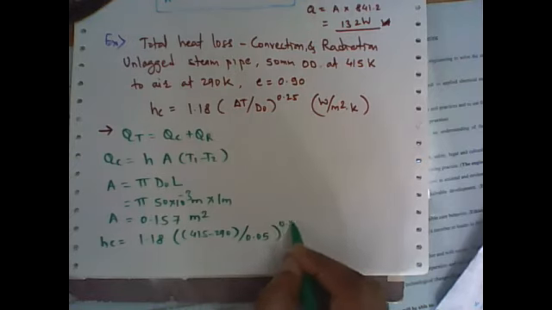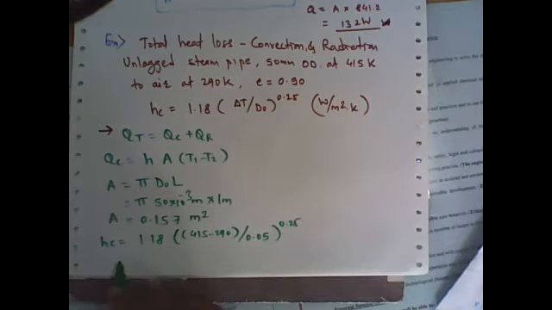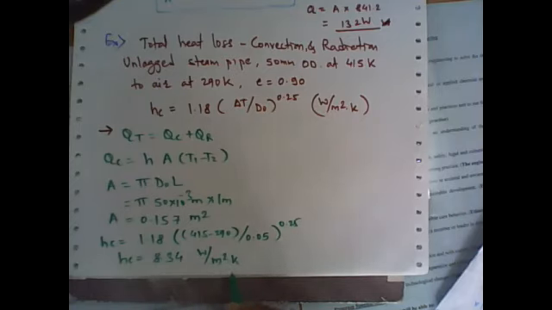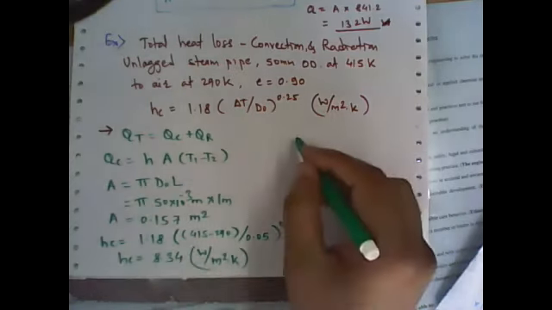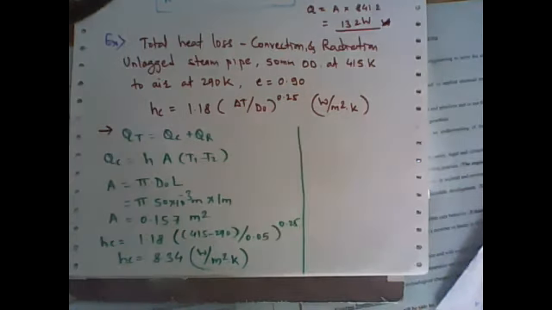So HC comes around 8.34 watt per meter square Kelvin.